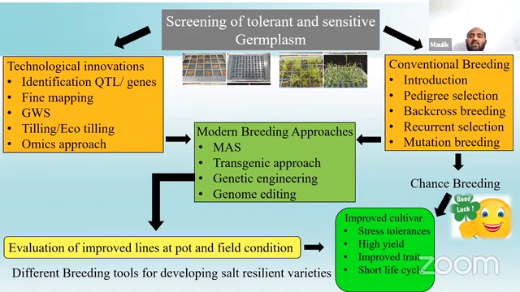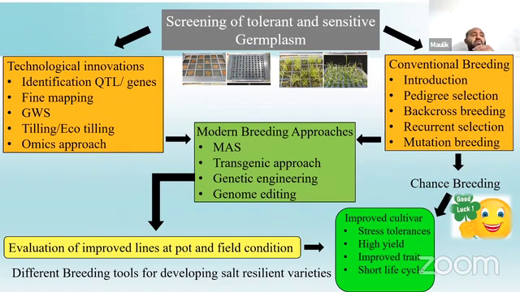tolerant variety. So conventional breeding is not a proper way to develop salt tolerant varieties. Why? Because salt tolerance is a very complex mechanism and governed by a number of physiological parameters.